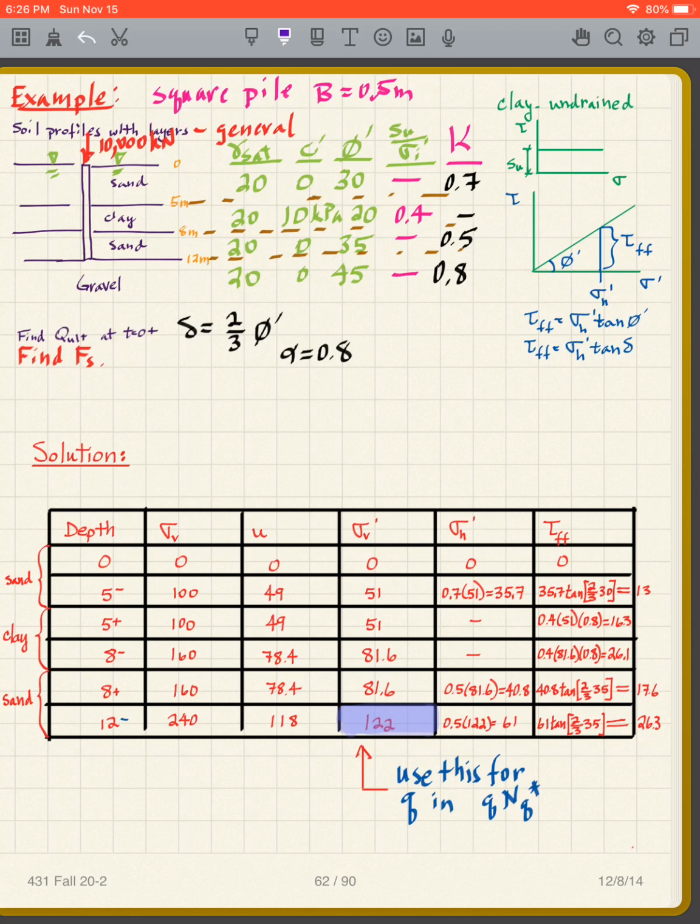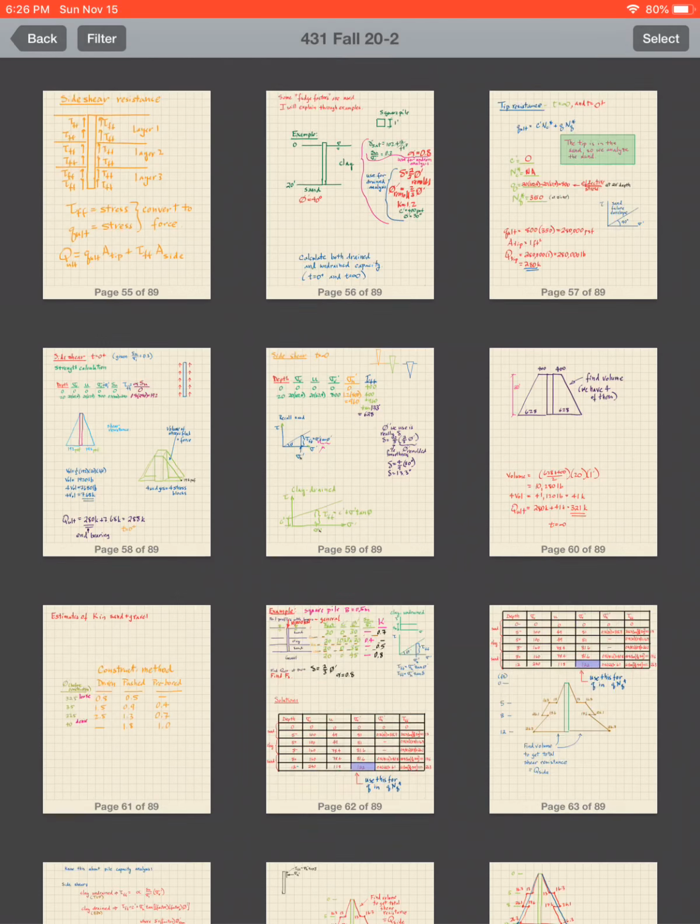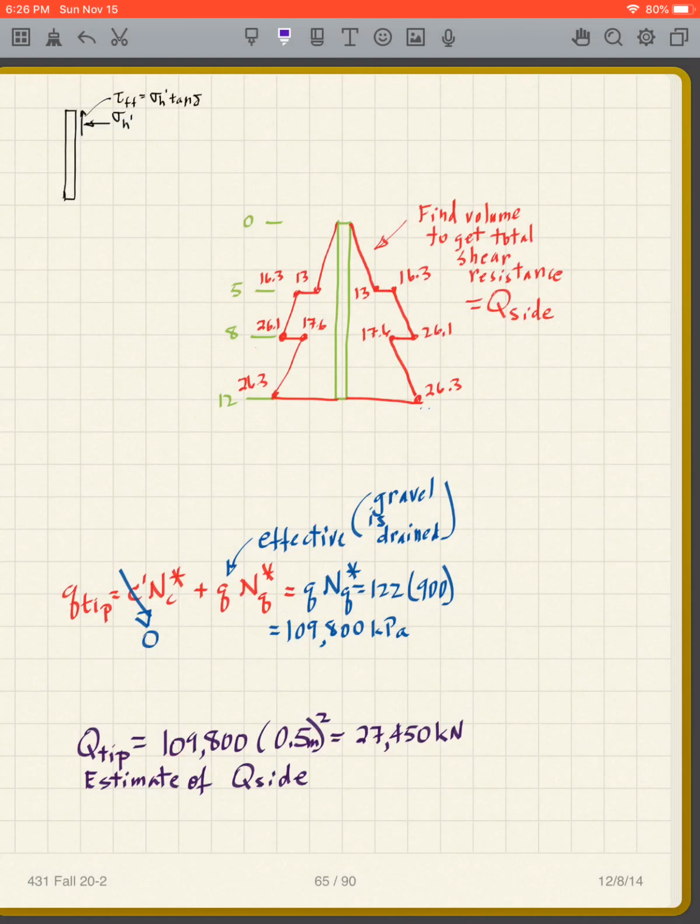So the tip area is a half a meter squared. And so I multiply those out, I get 27,450 kilonewtons, and then I'm just going to make a very quick estimate of my side resistance.